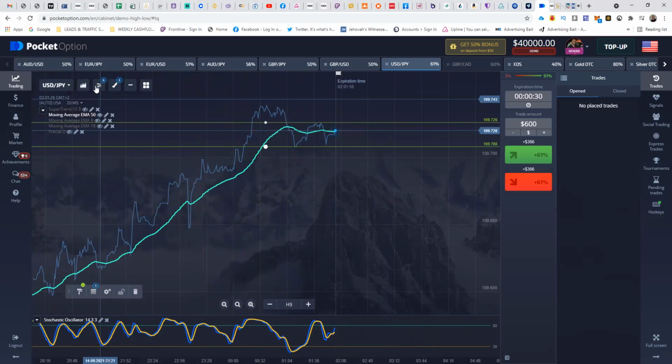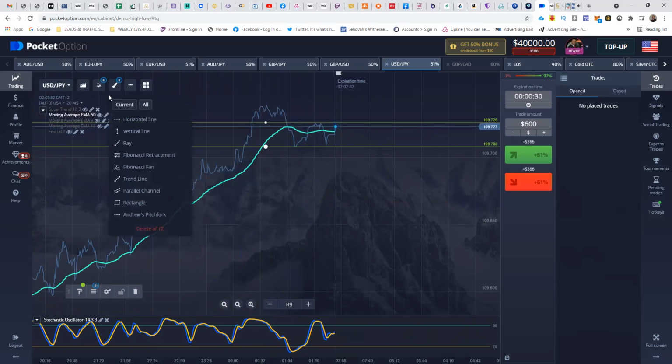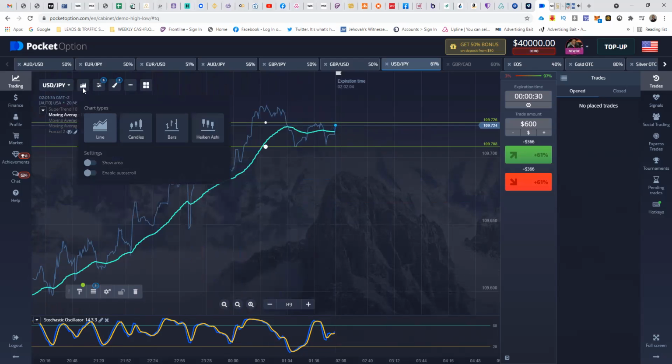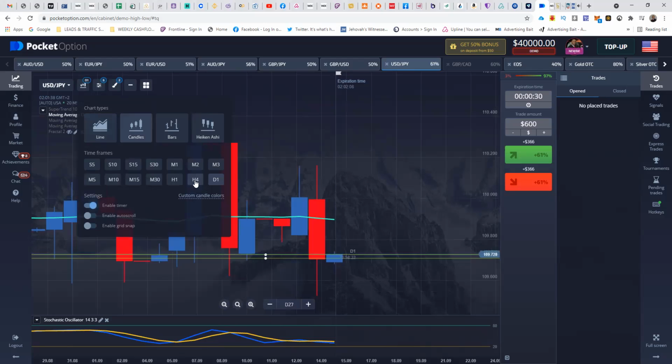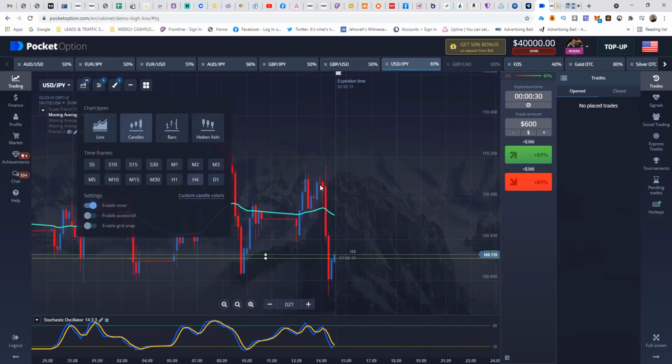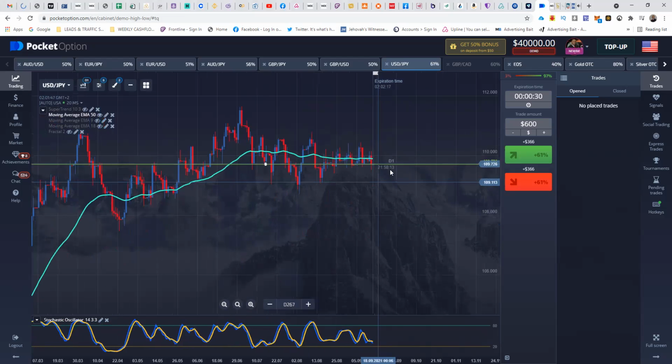Okay, so then we're going to switch to candlesticks, and we're going to switch to the 4-hour. No, I kind of messed up. Go to the daily time frame, switch to the candlesticks. I need to change this.